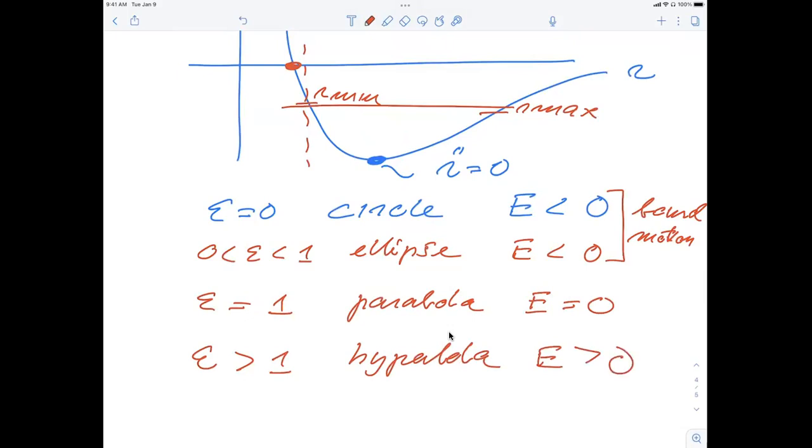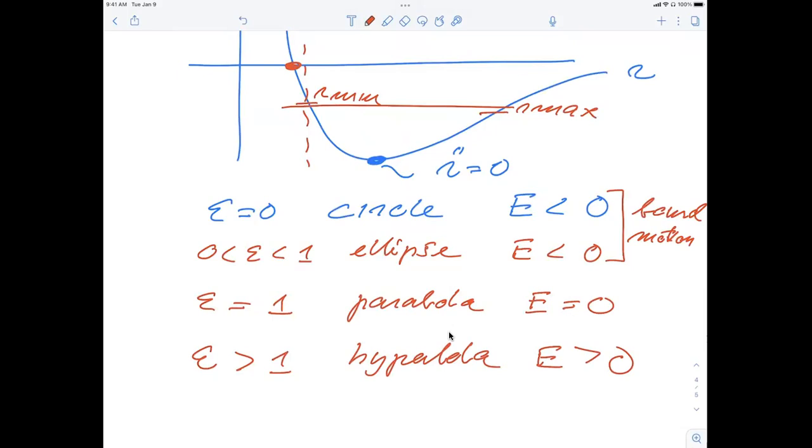So on Monday, we are going to link the energy graph, or the potential energy graph, with the calculation of the energy, and we are going to link it with the values of this eccentricity epsilon. So that gives us a very powerful tool to analyze a physics problem.